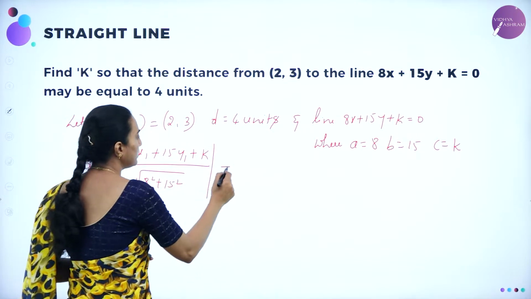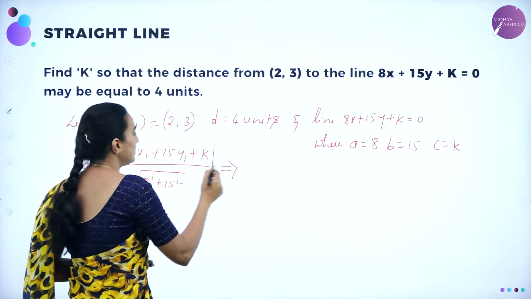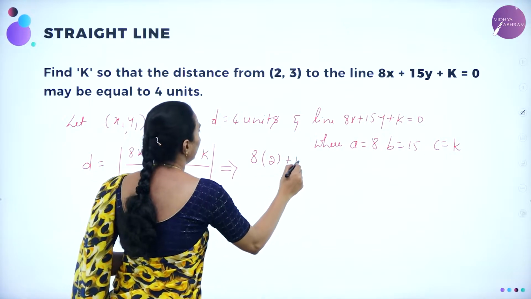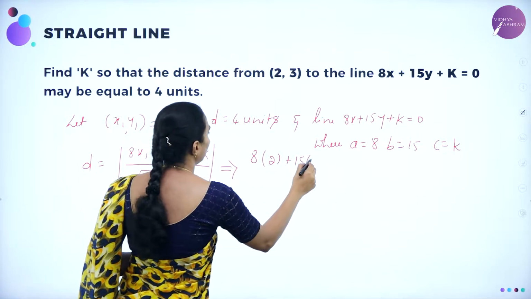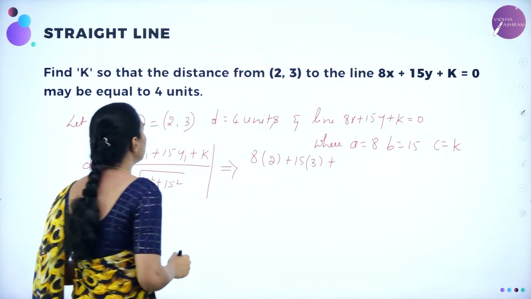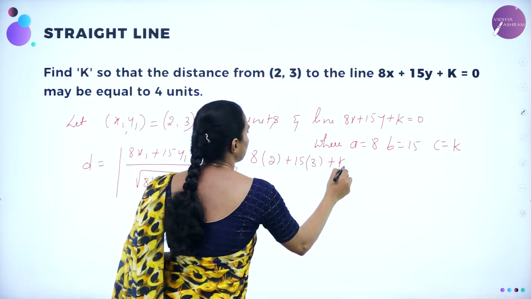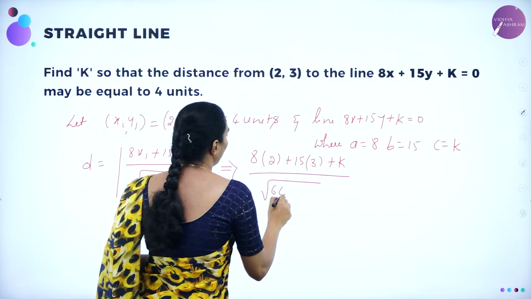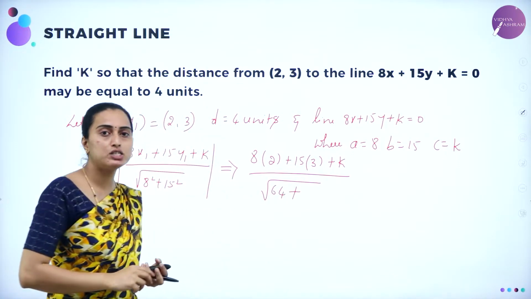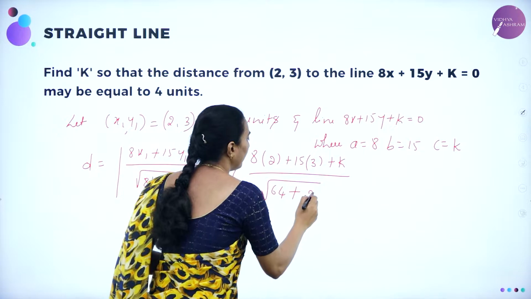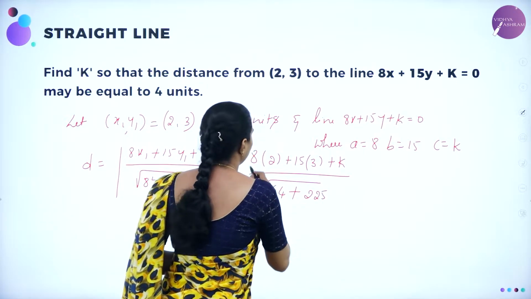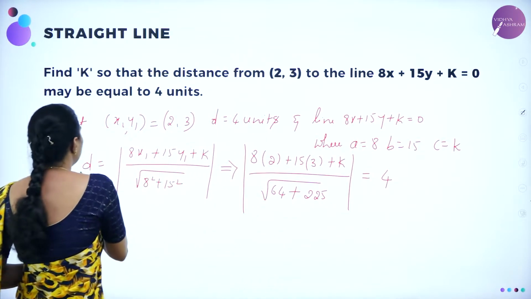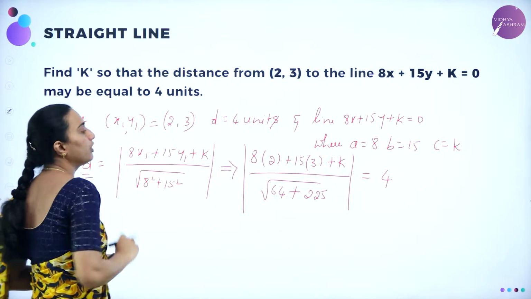So you can write this as 8 into the x1 value which is 2, plus 15 into the y1 value which is 3, plus k as it is, divided by square root of 8 squared which is 64 plus 15 squared which is 225, which will be equal to 4 units because the distance they have given is 4 units.